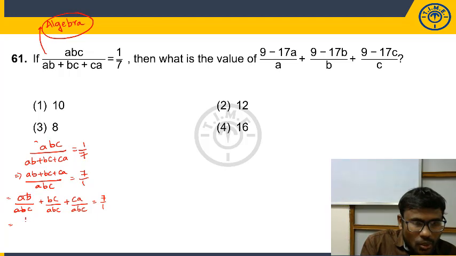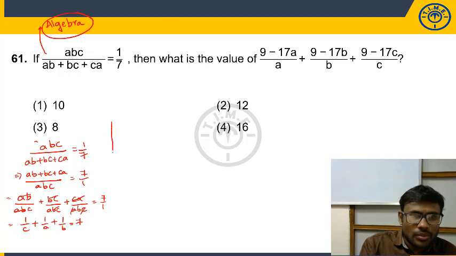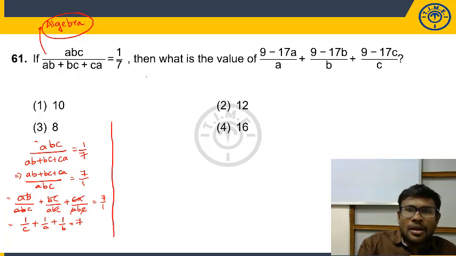So it is 1 by C plus 1 by A plus 1 by B is equal to 7. Now what do we have to calculate?